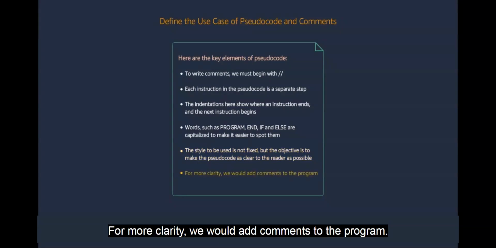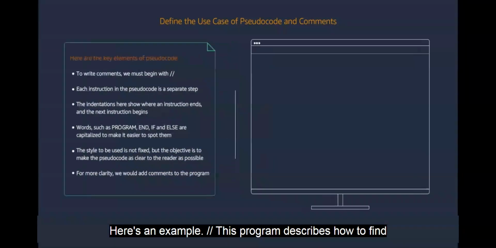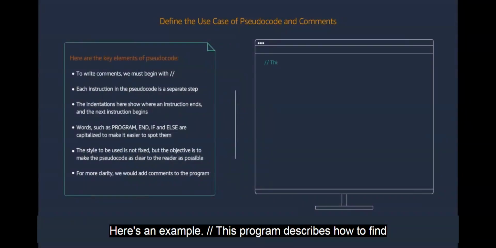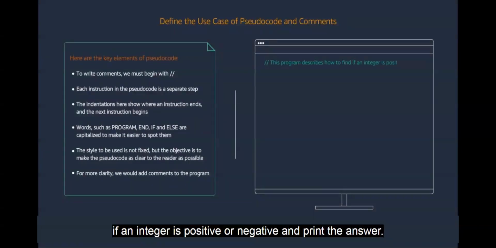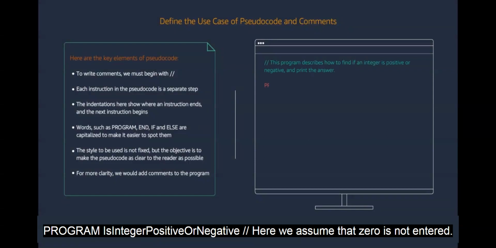For more clarity, we would add comments to the program. Here's an example. // This program describes how to find if an integer is positive or negative and print the answer. Program is integer positive or negative. // Here we assume that 0 is not entered.